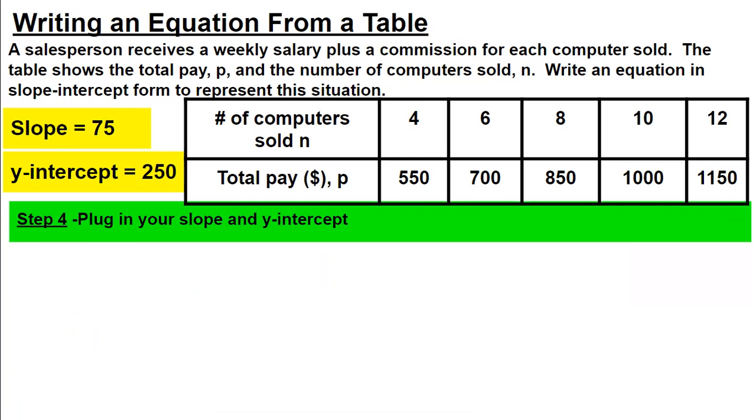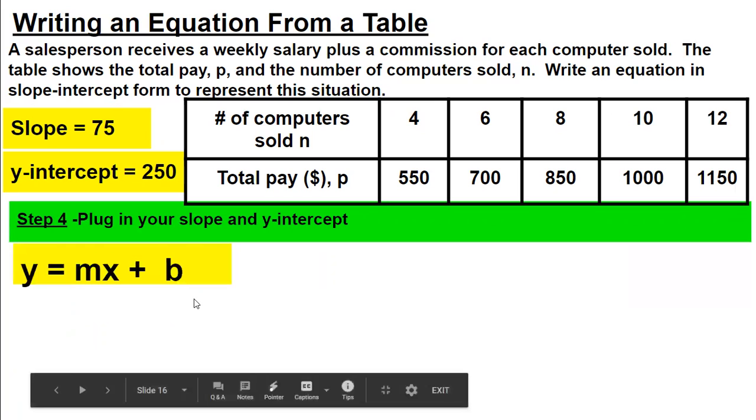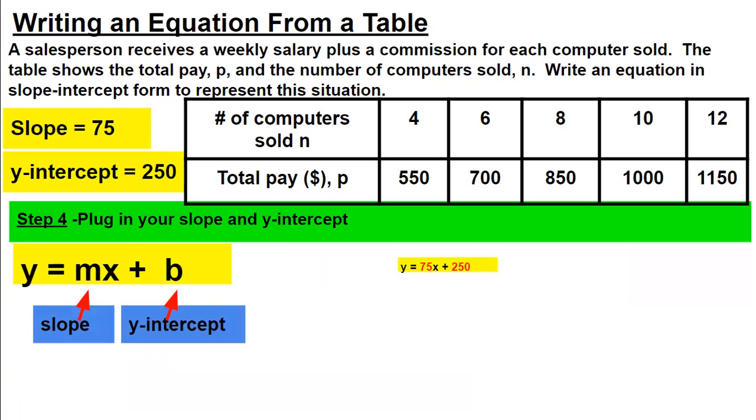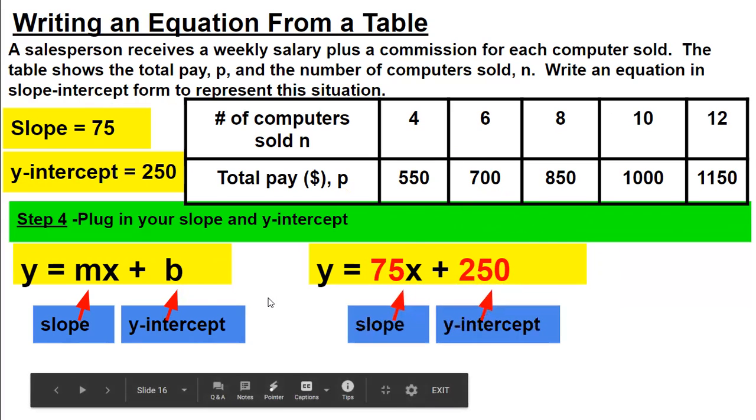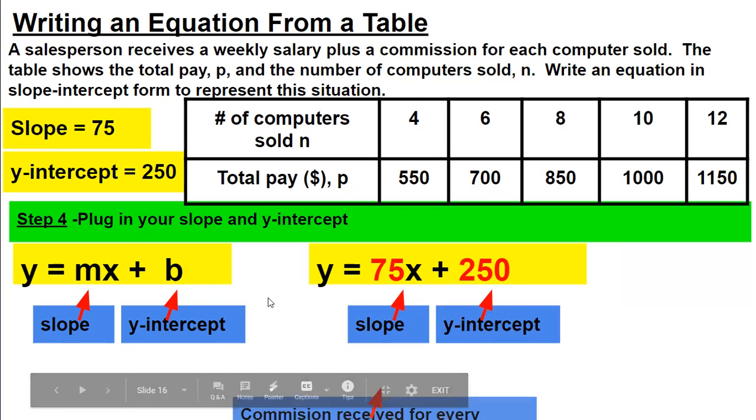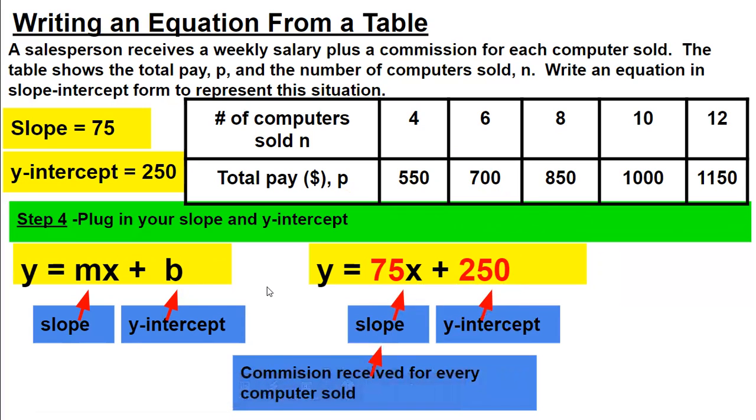Plug in your slope and y-intercept. y equals mx plus b. Our equation was y equals 75x plus 250. Here's your slope. There's your y-intercept. Commission received for every computer sold is the slope.